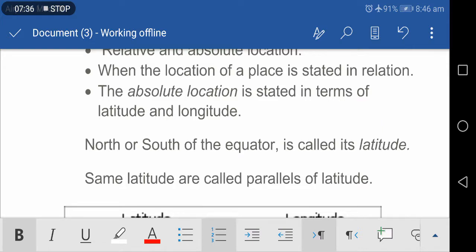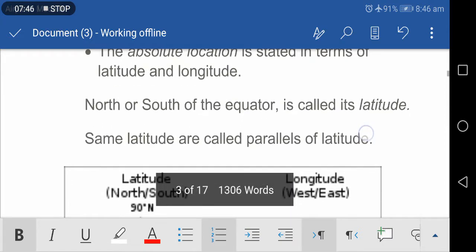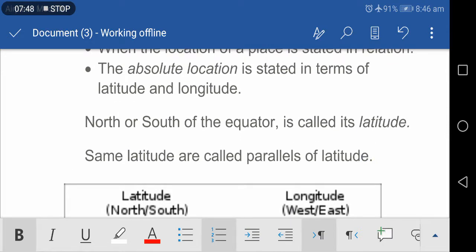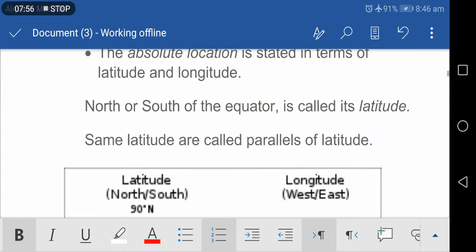Absolute location is stated in terms of latitude and longitude of a place. The angular distance of a place on the surface of the Earth to the north or south of the equator is called its latitude.